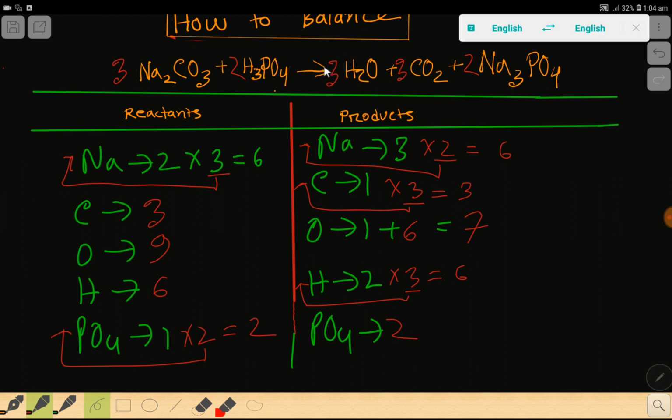If I place 3 here, the number of hydrogen will be 6, which we have already written. The number of oxygen here changes, so I have to write 3 here, and 3 plus 6 gives you 9.